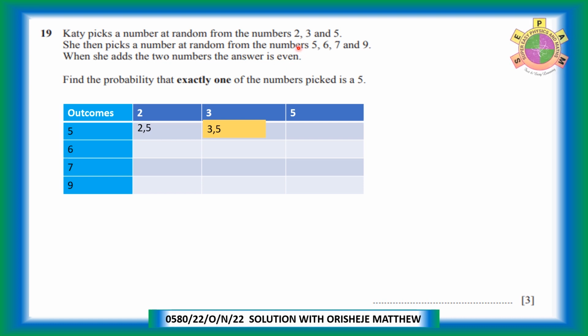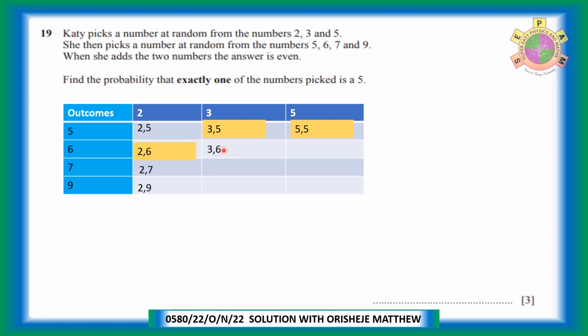And let's look at the condition of our experiment. You say the sum is even. So 3 plus 5 is even, that is 8. So all the even numbers will have a yellow background. The next one, she gets 5 and 5, which is even, yellow background. Then let's look at this place here. 2 and 6 is even, 2 and 7 is odd, 2 and 9 is odd, that is 11 total.